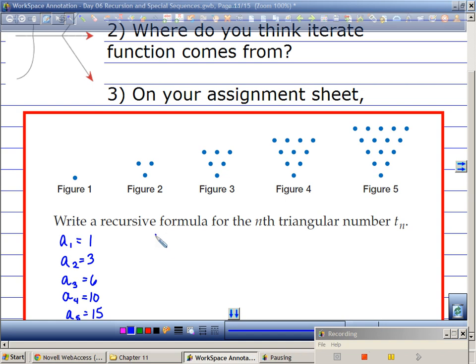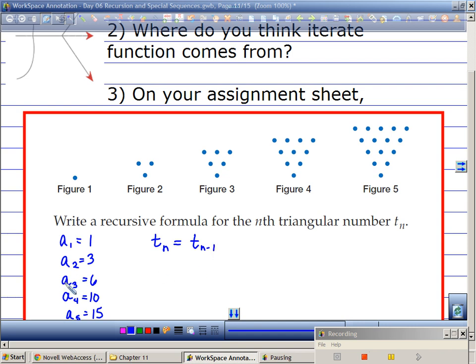Okay. So if I want to find t sub n, what would I add? Whoa, whoa, whoa. I just heard somebody say it. T sub n minus 1.